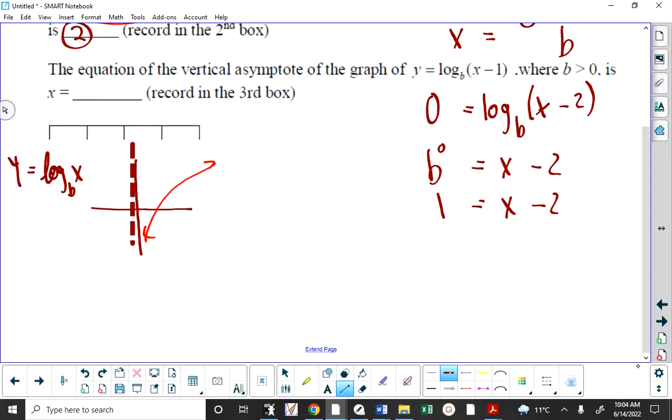And you need to understand from Unit 1 that when we change x to x minus 1, we're introducing an h value of 1, which shifts us 1 to the right, and that means it will be at 1.